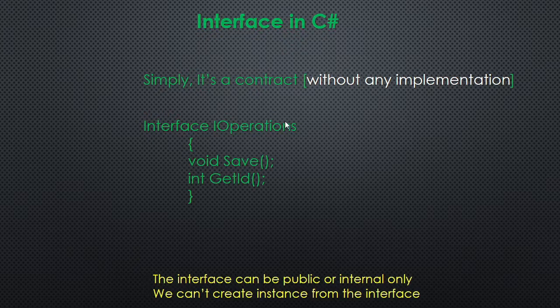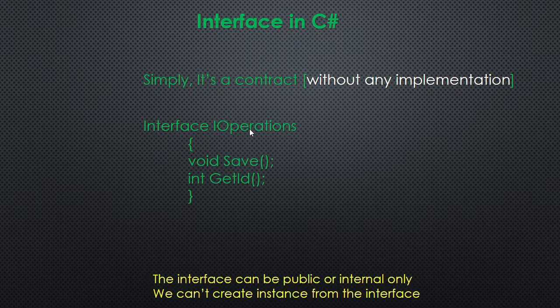We can't instantiate an object, and the interface should be public, otherwise it is useless. If it is private, no class can access it. That's why it should be public or internal, and the default is public.